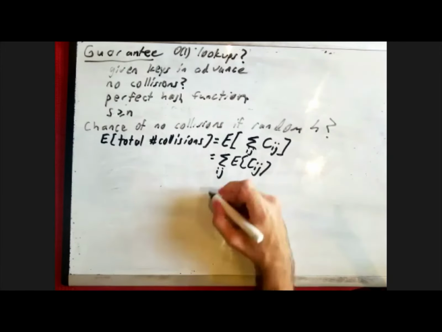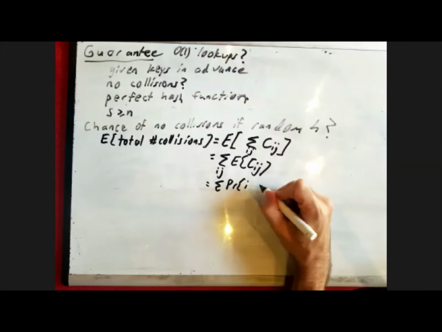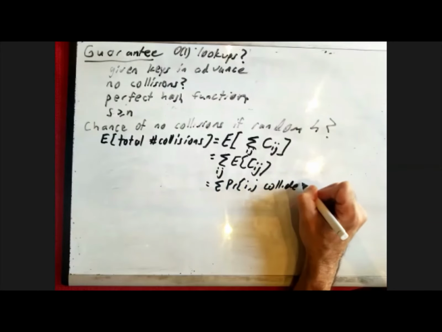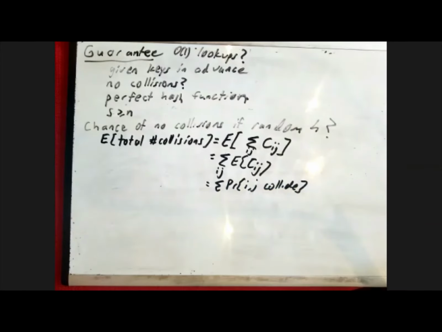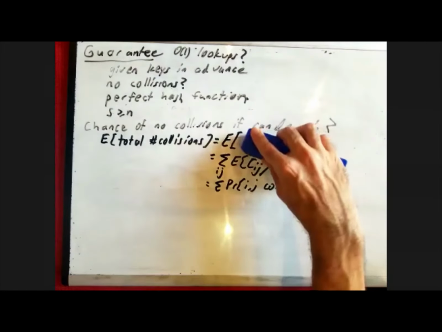Well, that's a collision probability. And what is that probability if I'm using a random function? Doesn't it double count? Yeah, sure. Let's just do a summation over i less than j to avoid double counting.